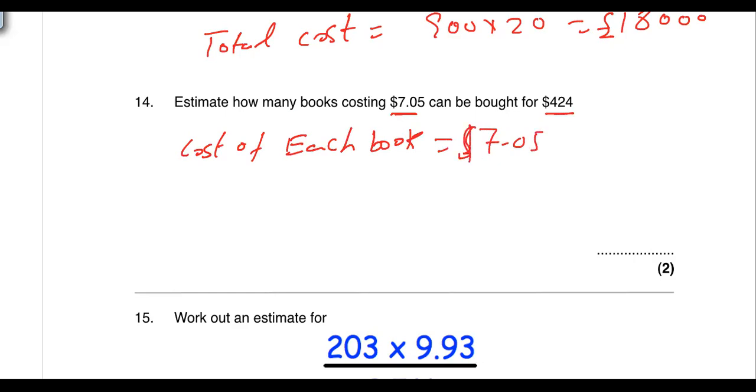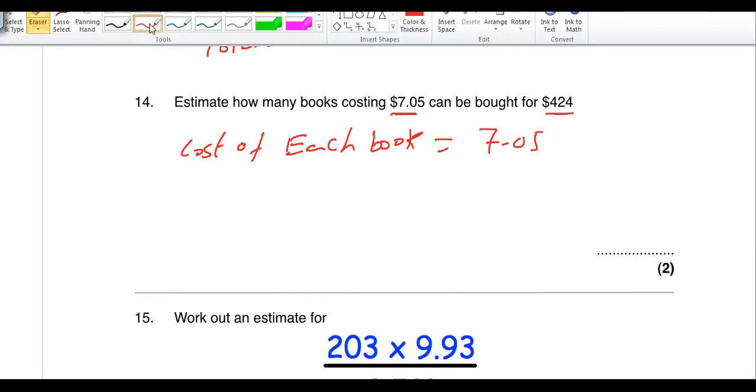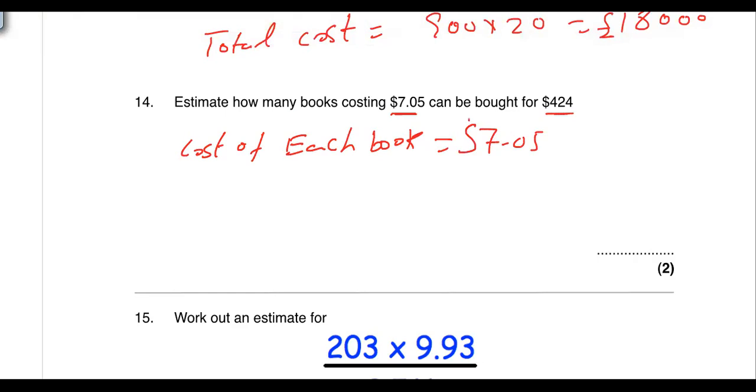Sorry, this is the dollar symbol. Now what we have to do, obviously we have to involve it in the calculation. So I will round it to one significant figure. So when I round it to one significant figure, it will give 7.